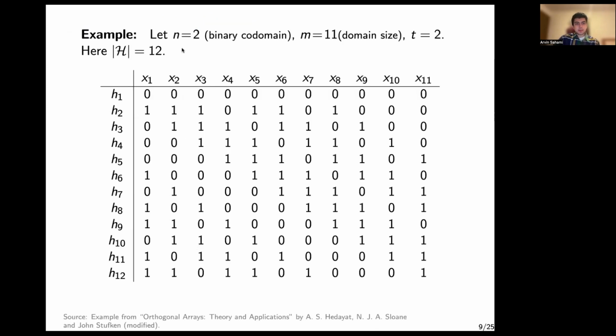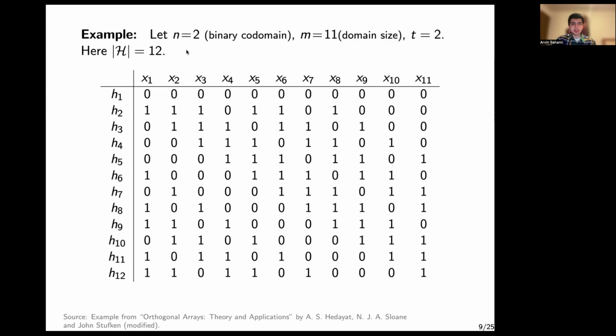And here's an example of a t-independent family when t is 2, and the codomain is binary, so n is 2, and the domain has size 11, let's say, so m is 11, and the size of the family is 12. And so you can see that I just took those cakes and sold them to you as hash functions.